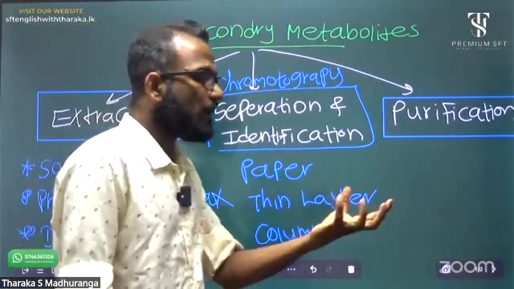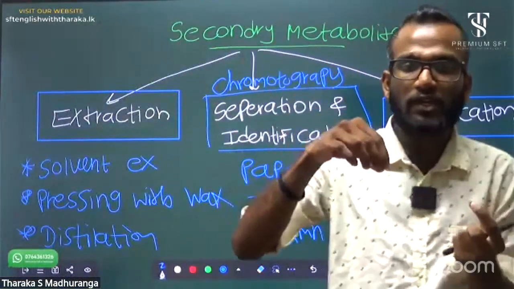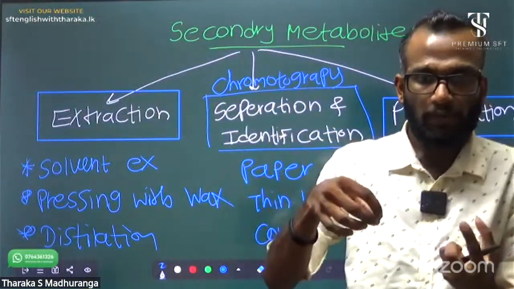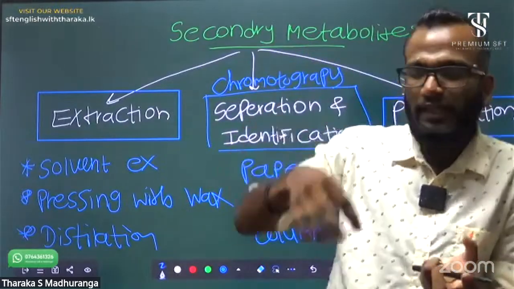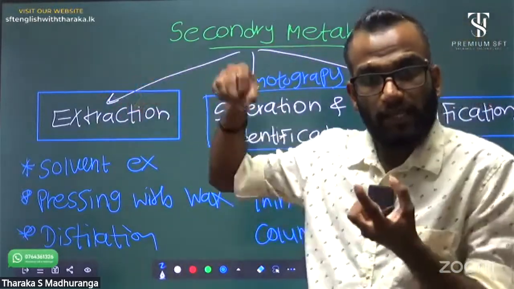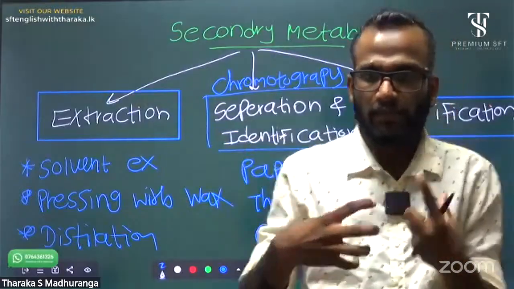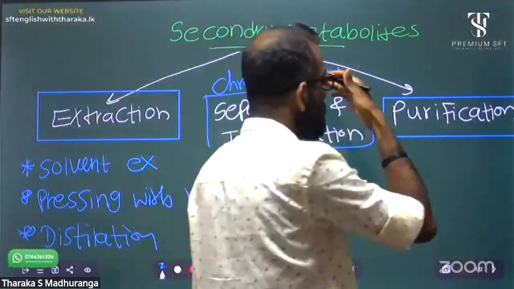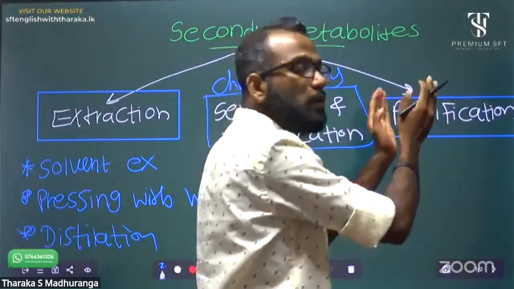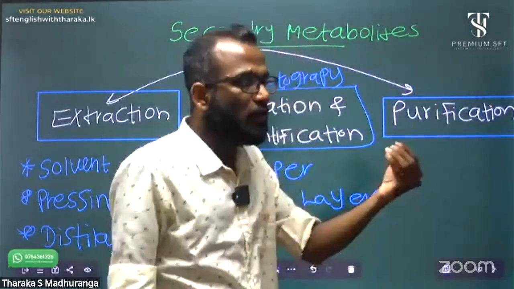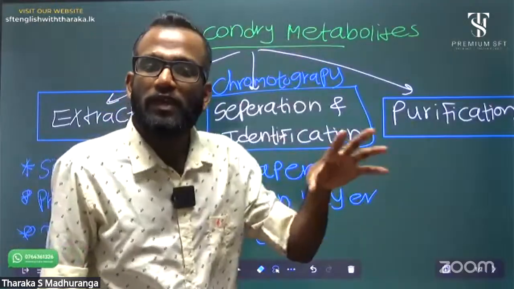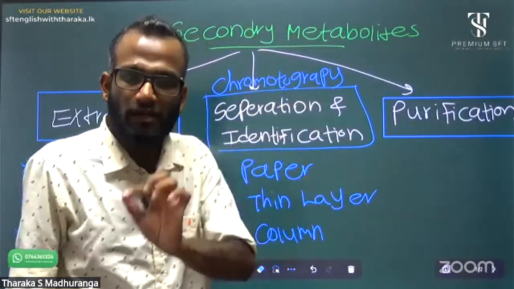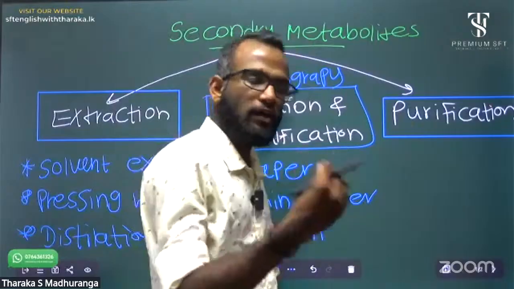That means the extracted product contains our required compound. We can get that confirmation, right? After this confirmation, we can separate and purify in the final process. Purifying means we remove impurities and separate the required compound.